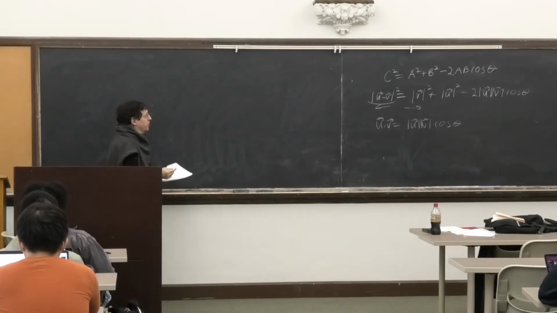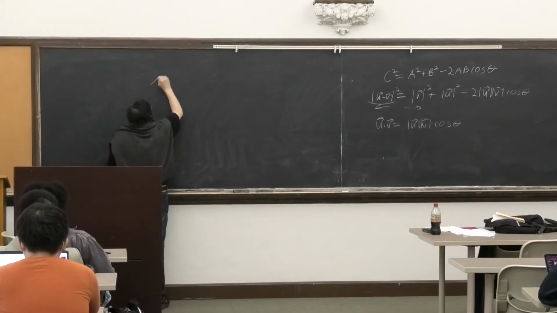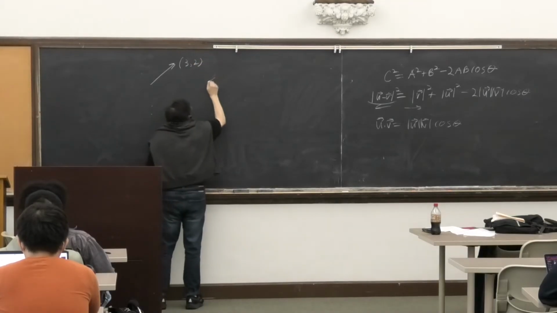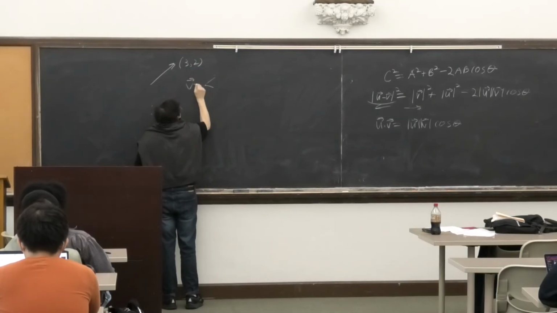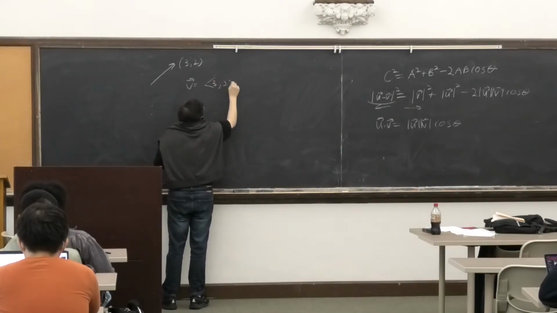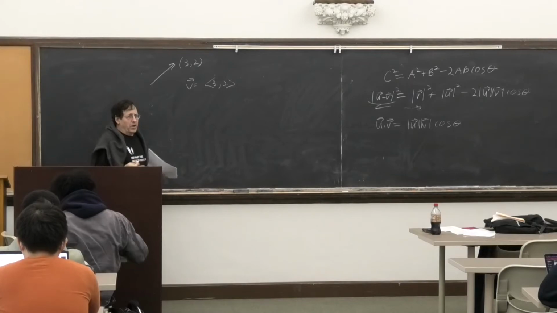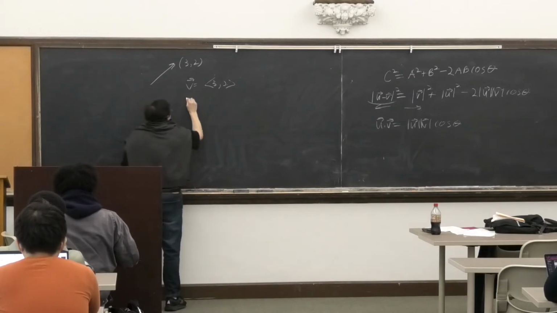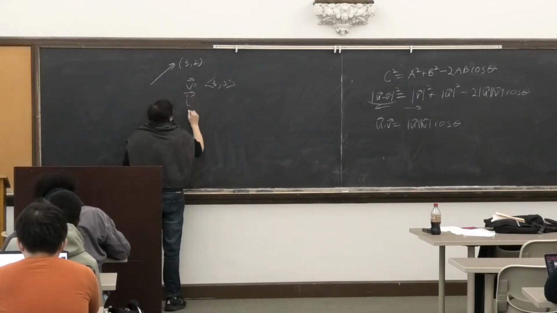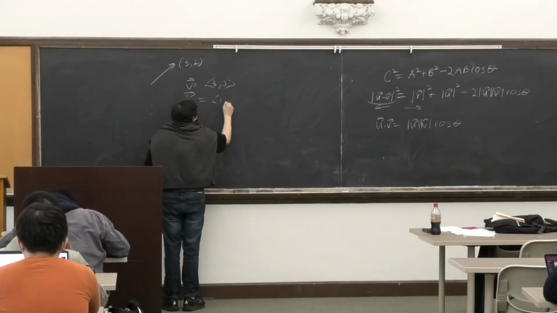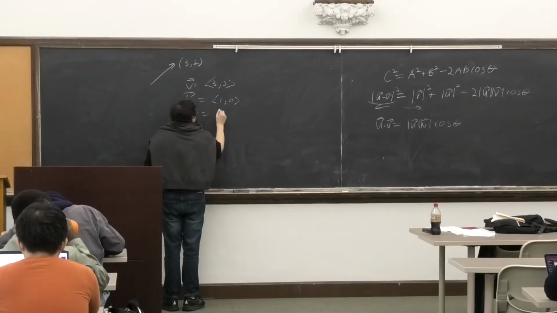I want to introduce this by taking a look at some vector. We'll call it (3, 2). And I'm going to remind you, we have two predefined vectors we call i and j, which are defined as (1, 0) and (0, 1).